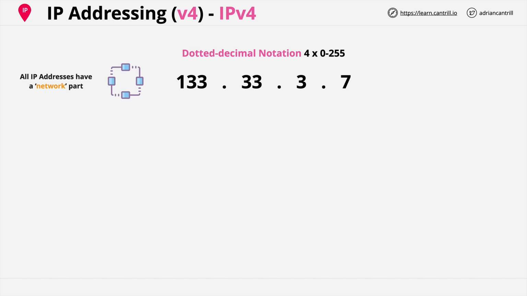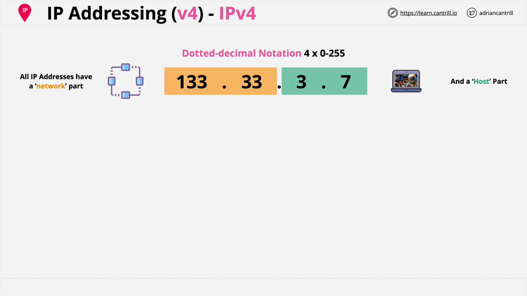There's the network part, which states which IP network this IP address belongs to, and then the host part, which represents hosts on that network. So in this example, the network is 133.33, and then the hosts on that network can use the remaining part of the IP. In this case, 3.7 is one device on that network, a laptop.